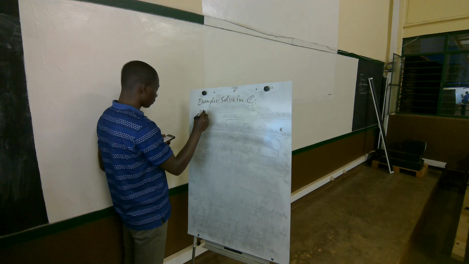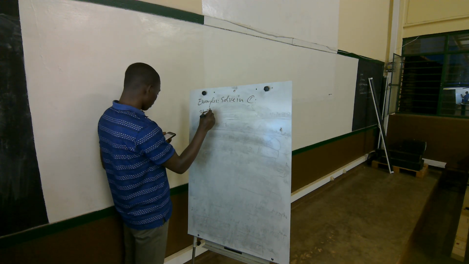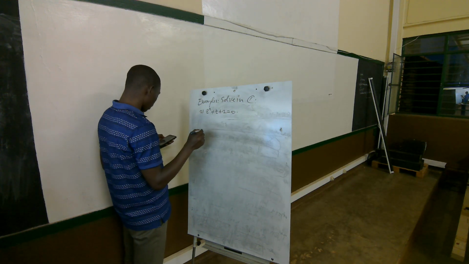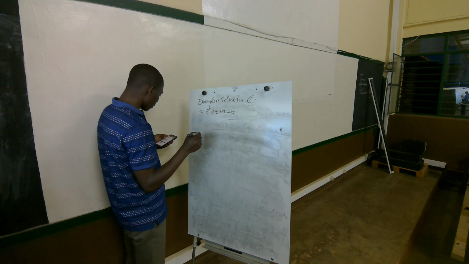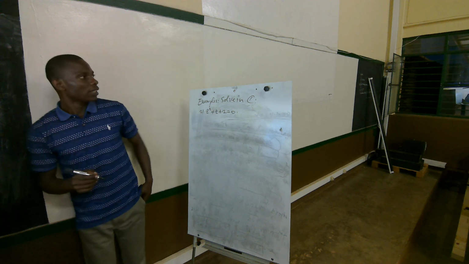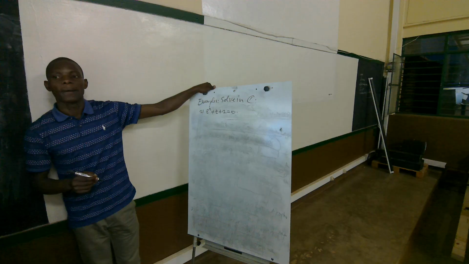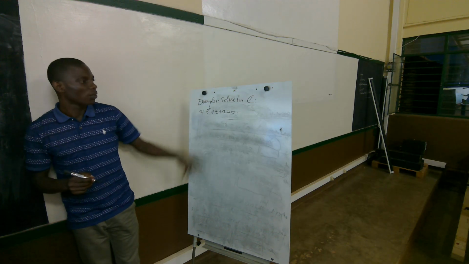The first equation is z squared plus z plus 1 which is equal to 0. And now let's try to find a solution for this equation.